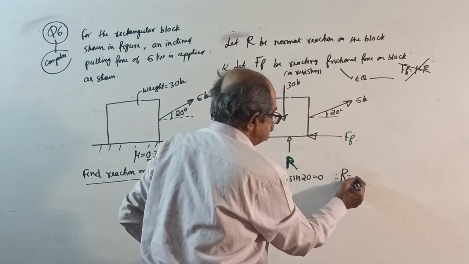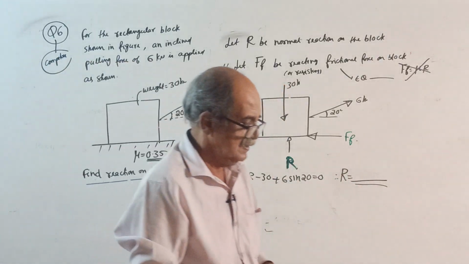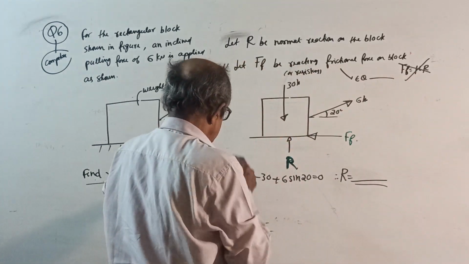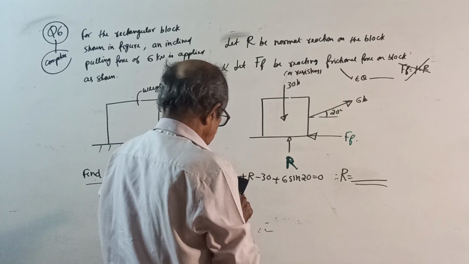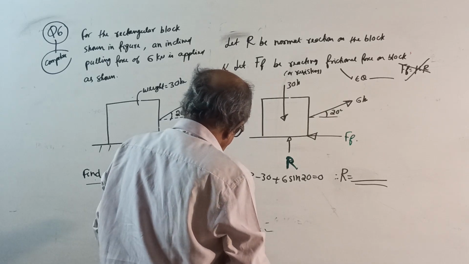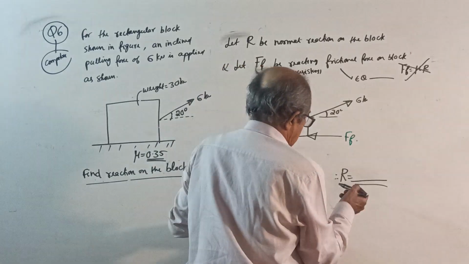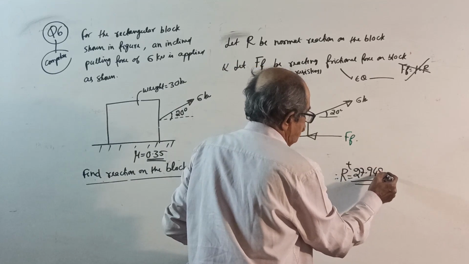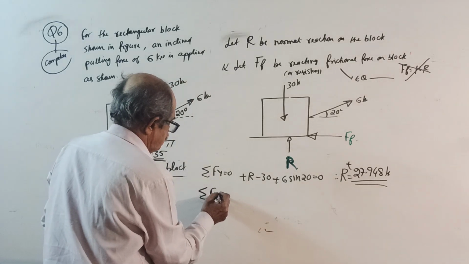Value of R only will come. Okay, calculate. R equals 30 minus 6 into sine 20, which is 27.948 kilonewton.